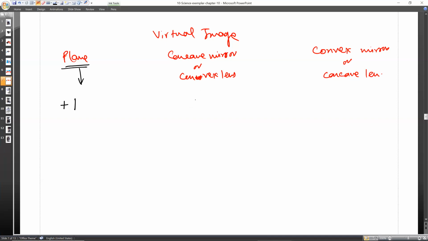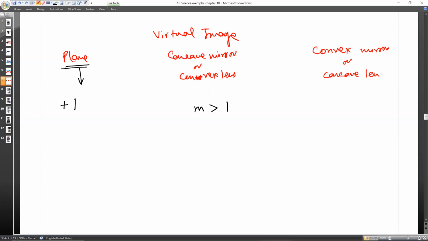Yes, whenever it is forming a virtual image, its magnification should be greater than 1, with a positive sign. The positive sign does not mean +1 or -1 which is greater. The positive sign is indicating real or virtual only. It does not mean less than 1 or greater than 1.